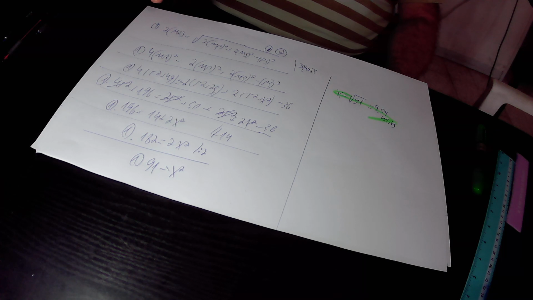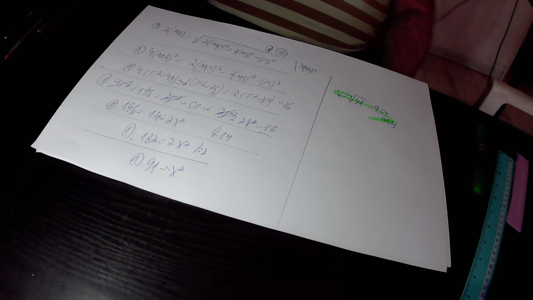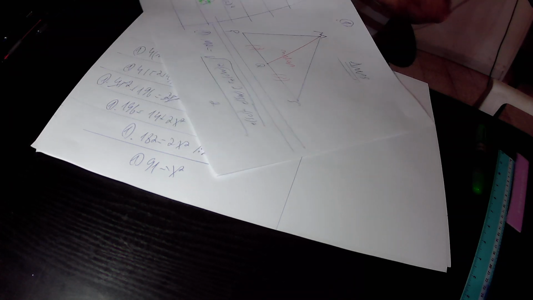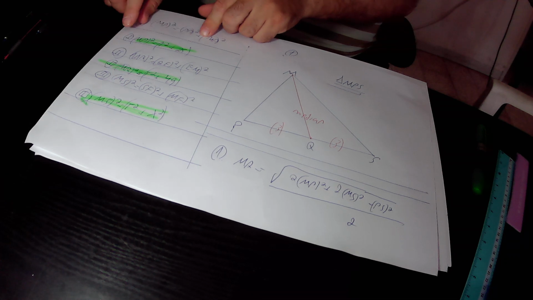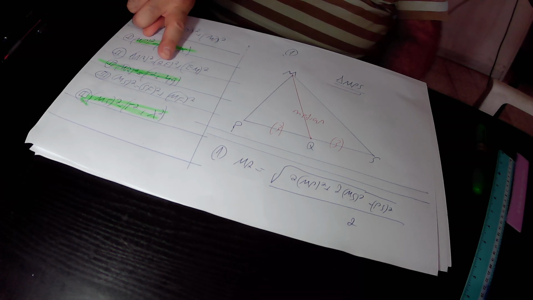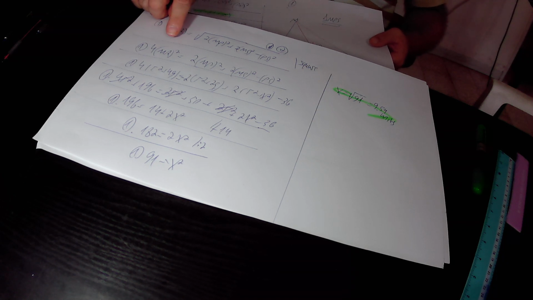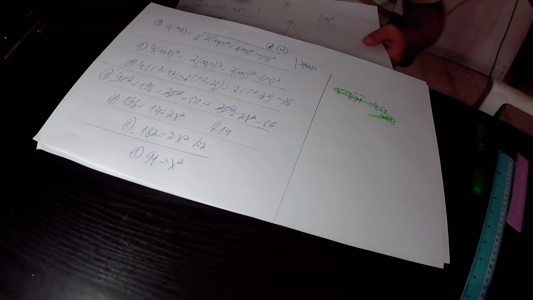So on this side of equation 1, we have 4 times MQ squared. But according to equation 2, MQ squared equals R squared plus 49. Therefore, we substitute MQ squared here by R squared plus 49, and it equals 2 times MP squared.